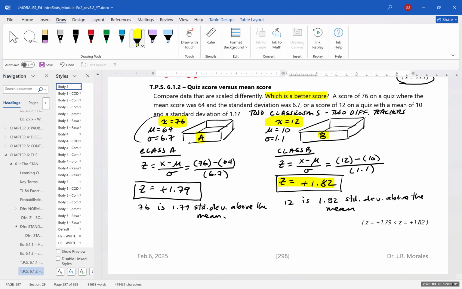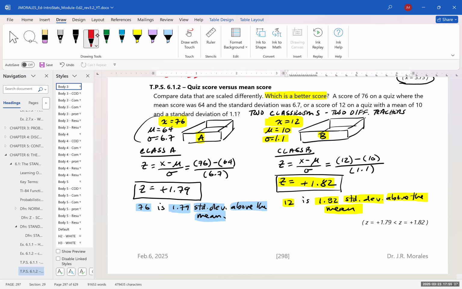So in this case, the student that scored only 12 points, where the class average was 10 and the standard deviation was 1.1, scored 1.82 standard deviations above the class average. Whereas the student in class A did just a little worse than that. Their score of 76 was 1.79 standard deviations above the mean in classroom A.